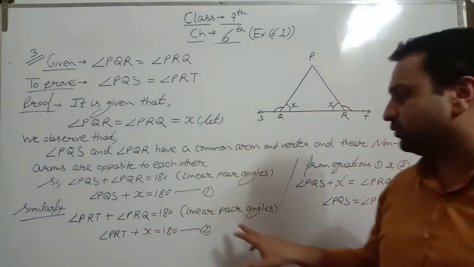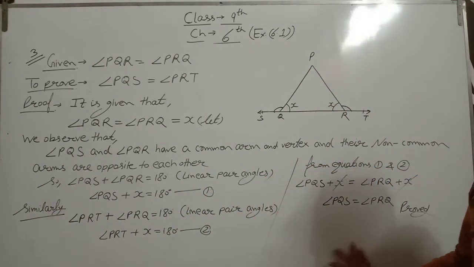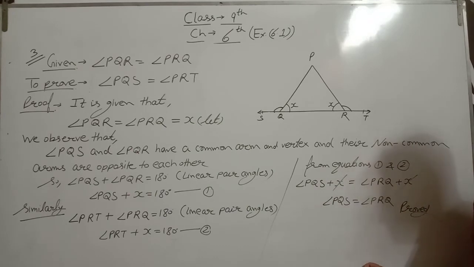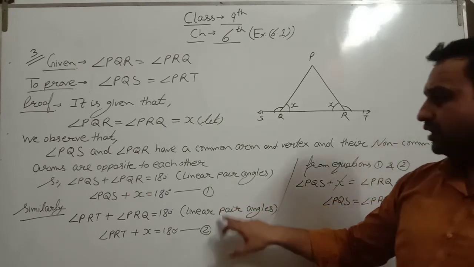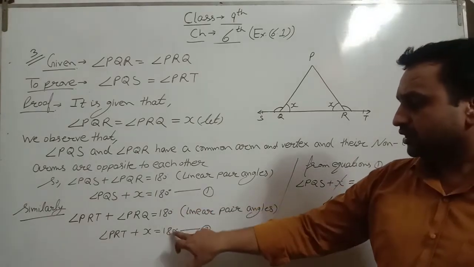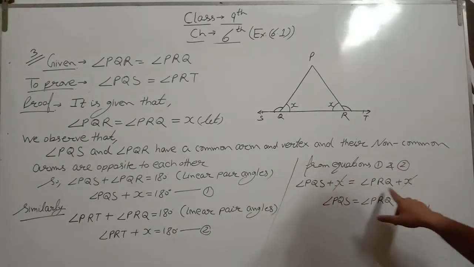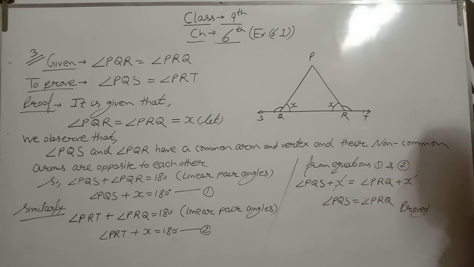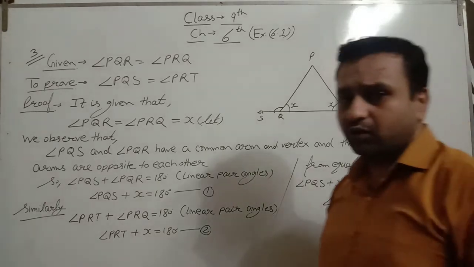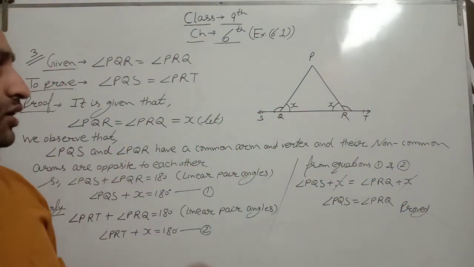So similarly, both angles are also linear pair angles. The sum of these two angles is 180 degrees. From equations 1 and 2, the RHS is the same, so put their LHS equal. Both sides have the same value, which cancels out, and we get angle PQS equals angle PRQ. I hope you understand. Note it down.